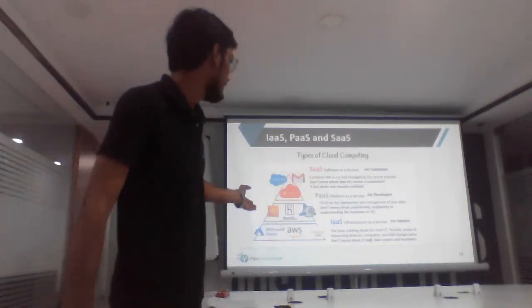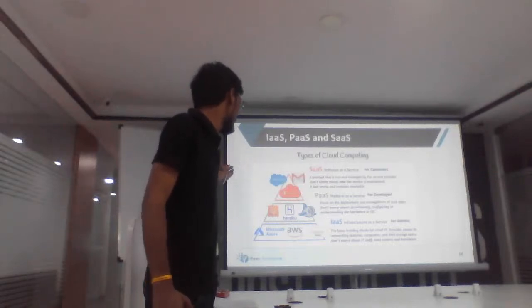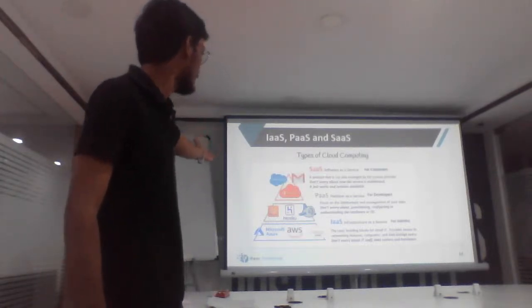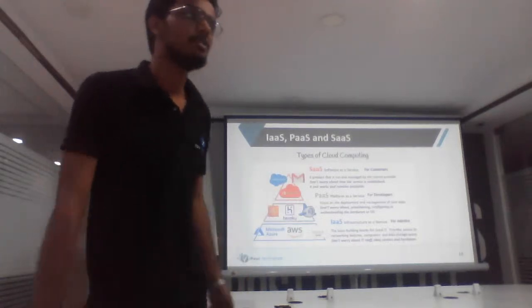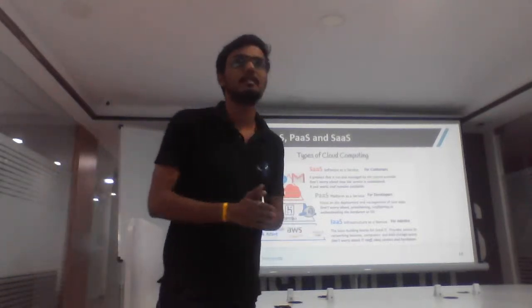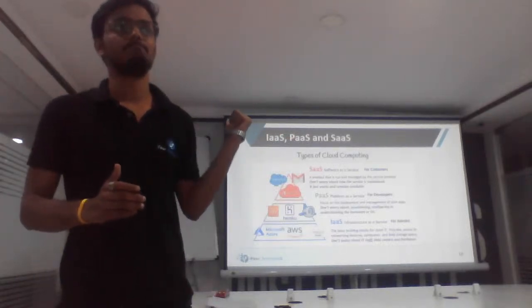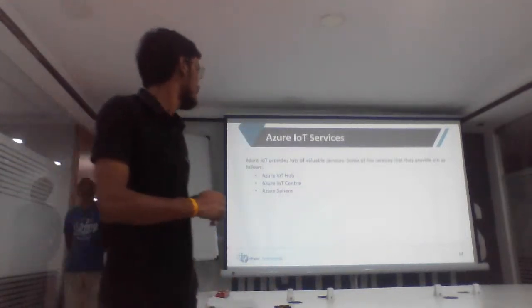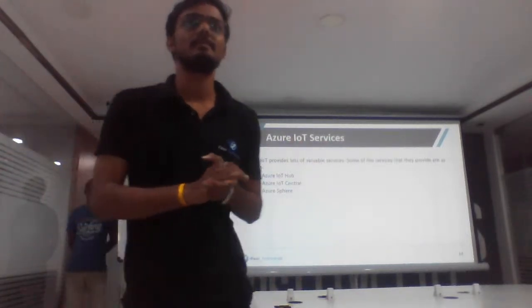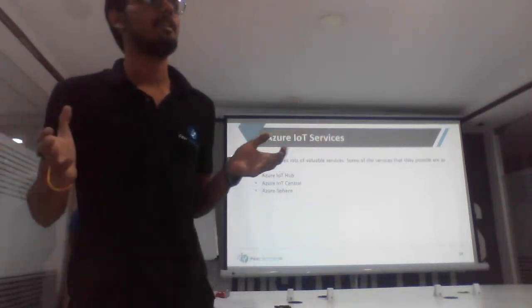All these services are provided by Azure, AWS, and Oracle. Does anyone have a question regarding this? Next, does anyone have an idea about Azure IoT services? How many services are provided by Azure?